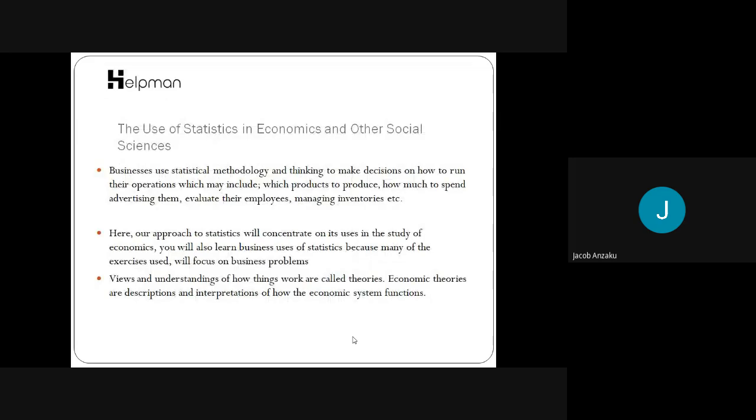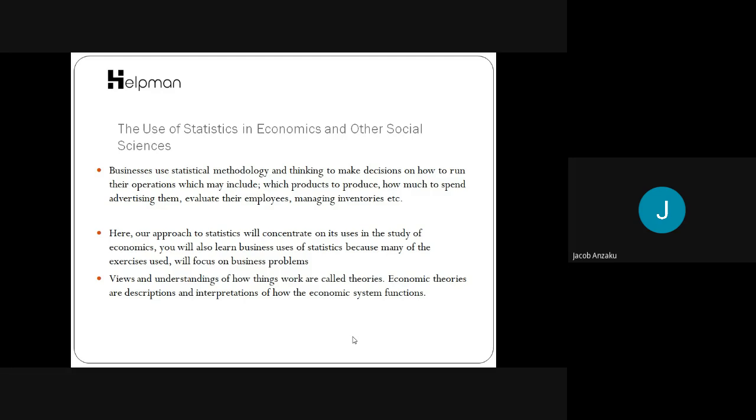Now, the use of statistics in economics and other social sciences. Businesses use statistical methodology and thinking to make decisions on how to run their operations, which may include products, how much to spend on advertising them, how to evaluate their employees' performance, managing inventories, and so on and so forth.